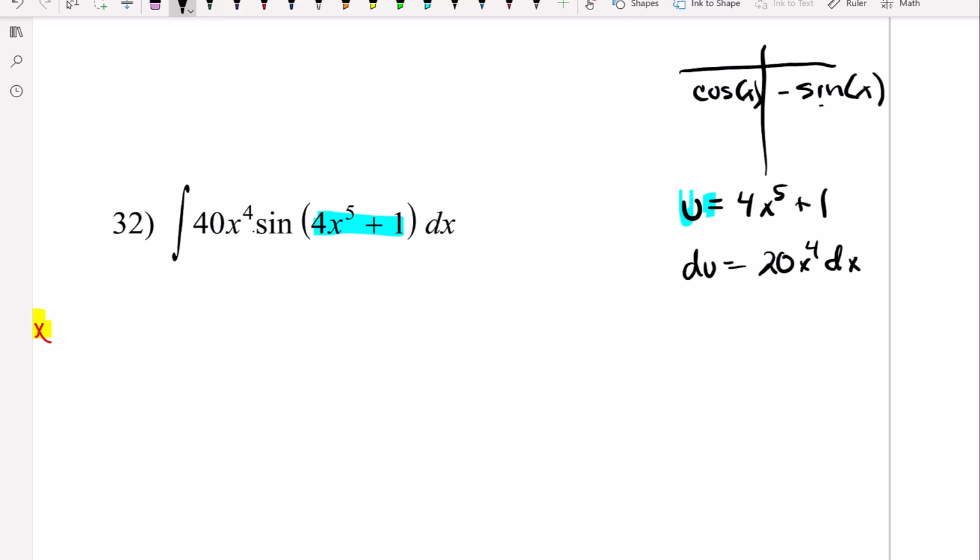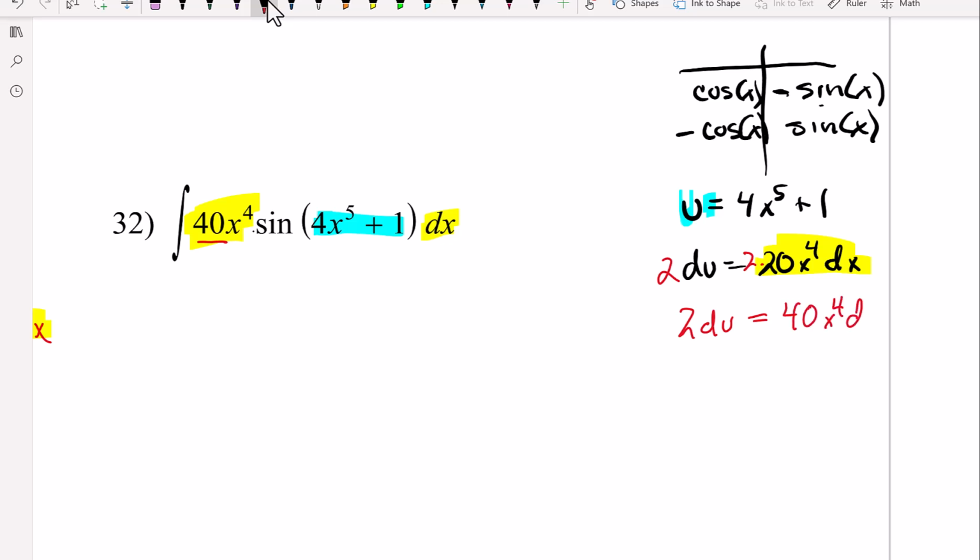So we don't have to worry about the negative sign here, but because the derivative of cosine is negative sine, if sine is positive, then when you work backwards, the answer will have a negative in it. All right, so now this is supposed to say 40x to the fourth dx, and right now it only says 20x. So we're going to have to multiply both sides by 2, and now we have 2 du is equal to 40x to the fourth dx. Boom. And now what we have left is sine u.